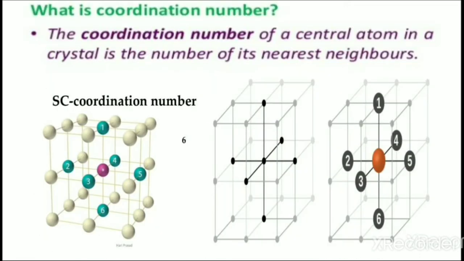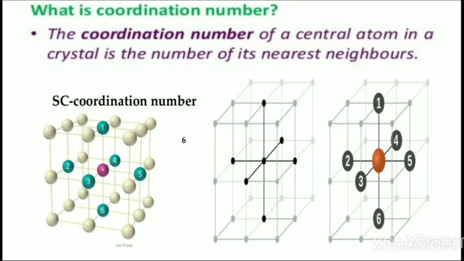Okay, let us learn about the coordination number. The coordination number of a central atom is defined as what? The coordination number of a central atom in a crystal is the number of its nearest neighbors. See students, in the case of a simple cubic crystal lattice, the coordination number is equal to 6.